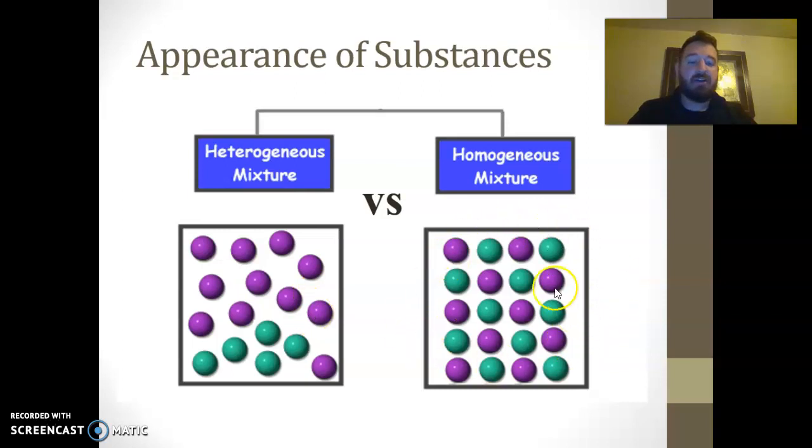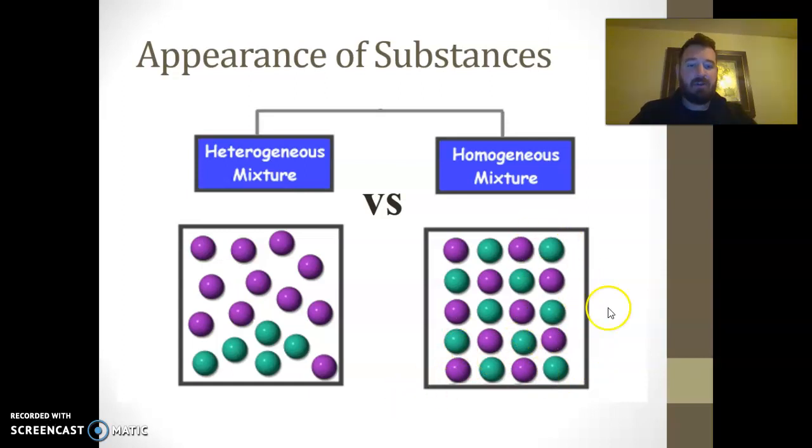Now on the right here, there's no chemical bond between our purple and our green atoms, but they are staggered in a uniform shape, or there's a pattern here. So this would be a homogeneous mixture. Even though there's no chemical bond or chemical change taking place, it looks uniform throughout.